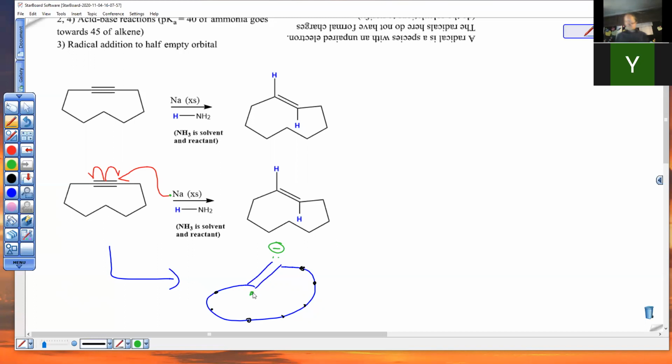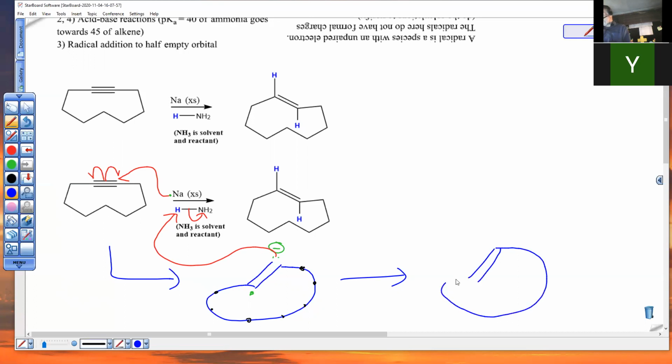Which one of those reacts first? Doesn't it make sense that the one that's an anion's more reactive? I hope. And it's the conjugate base of an alkene. And you've got... I hope I don't have to draw this too many more times.